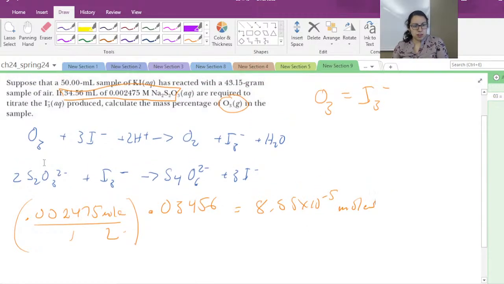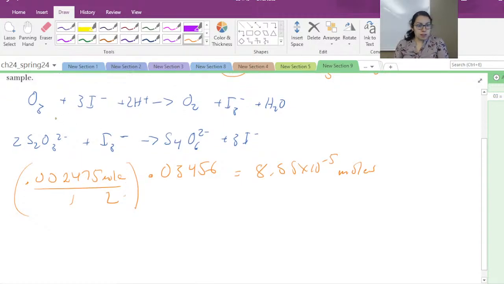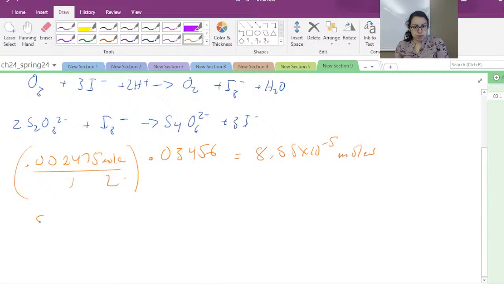Oh, wait, I think you skipped that, right? Because we found moles of the sodium thiosulfate species, but then we have to figure out. Oh, yeah, so we have a 2 to 1 ratio, so it's half that. So I'll write that out.